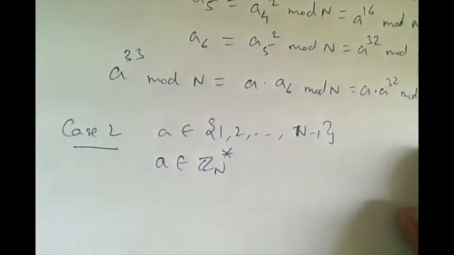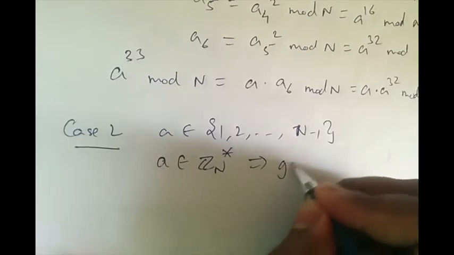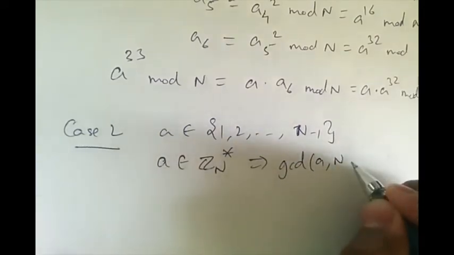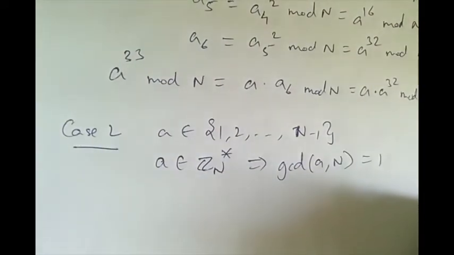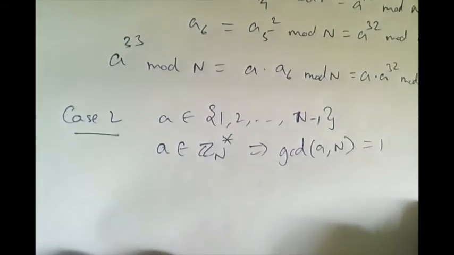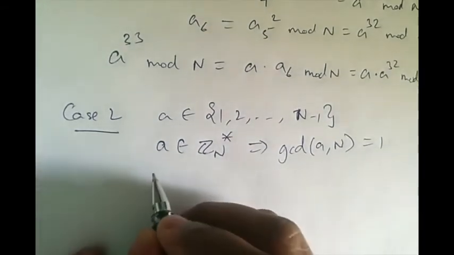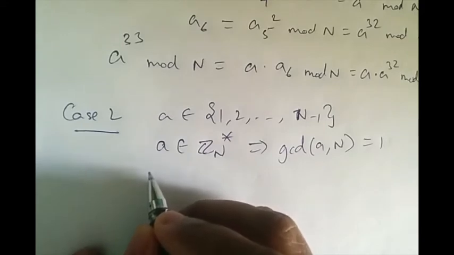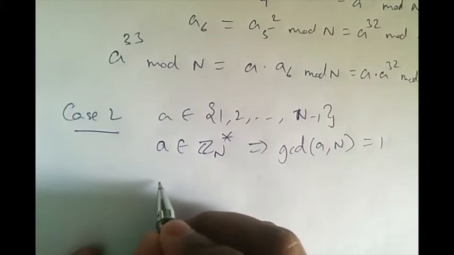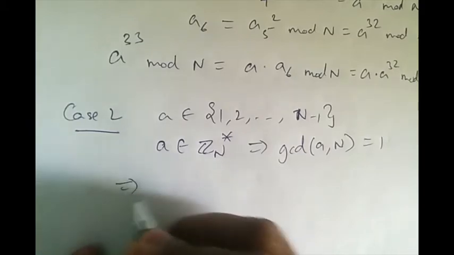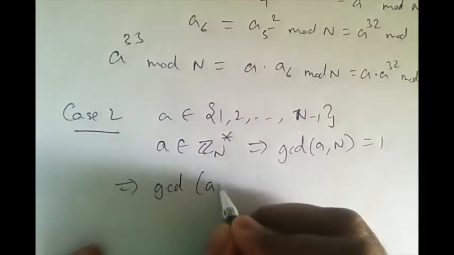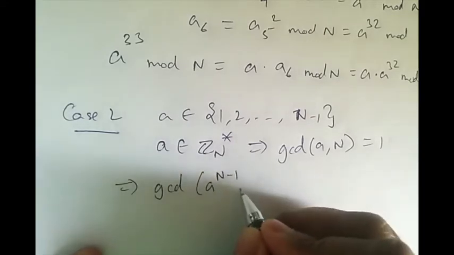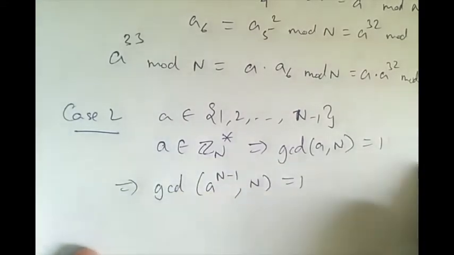So if A belongs to Zn star, that means that GCD of A and n is 1. And then this also implies that GCD of A raised to n minus 1 and n is also 1.